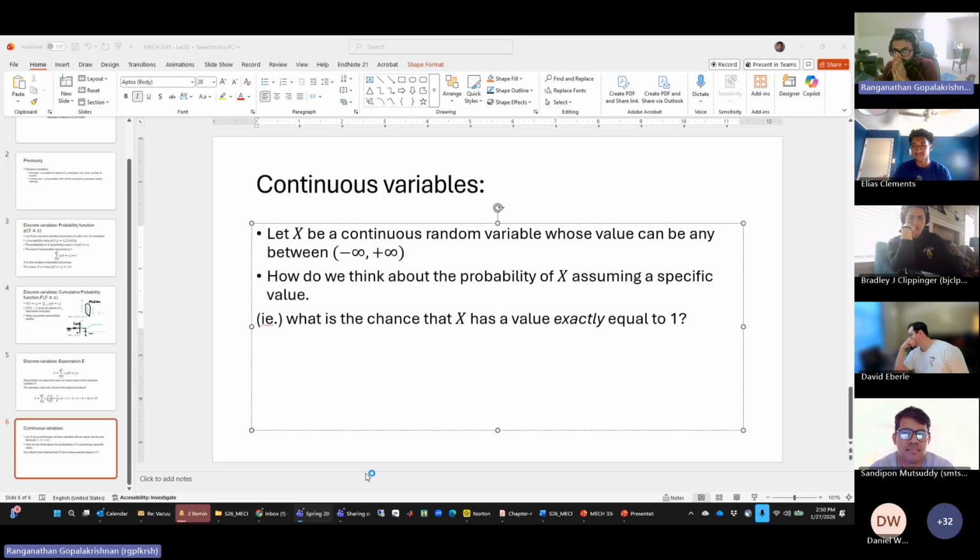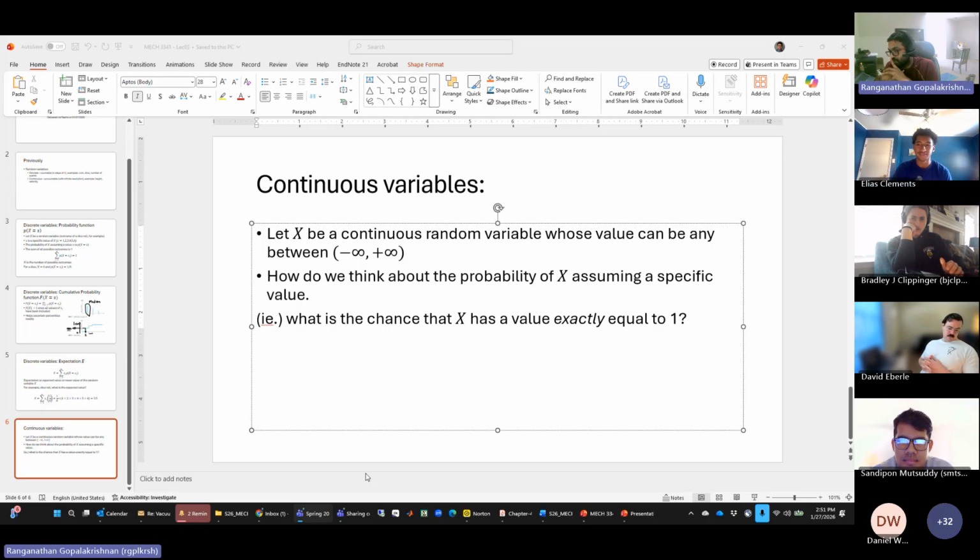It's like asking, what is the chance that somebody's height is exactly 6 feet, and 6 feet will remain as 6 feet no matter how fine you make the scale? What are the odds of that? Like very, very close to 0.